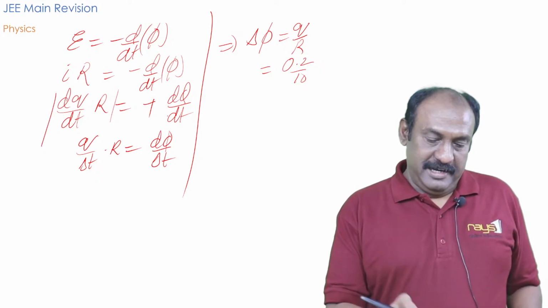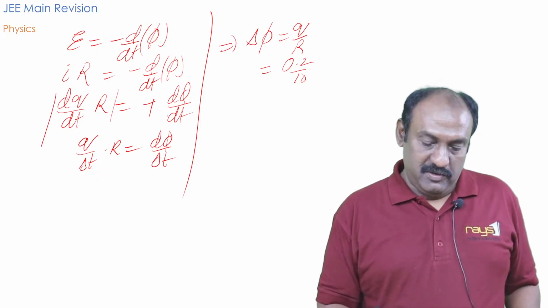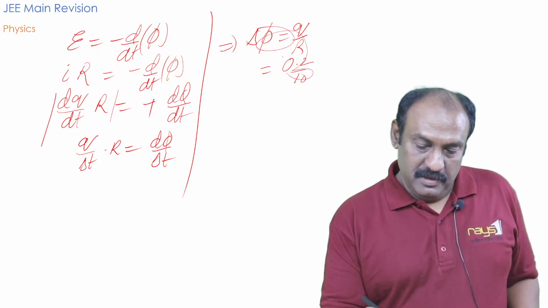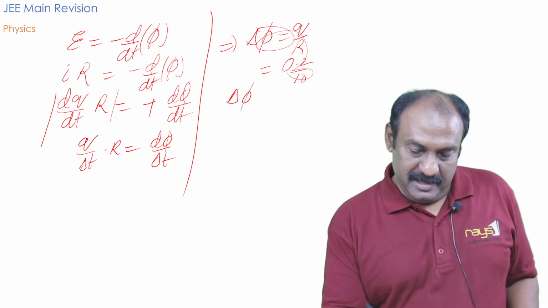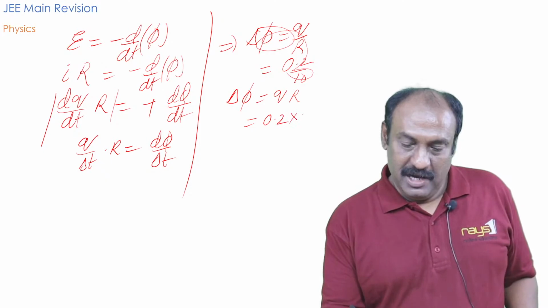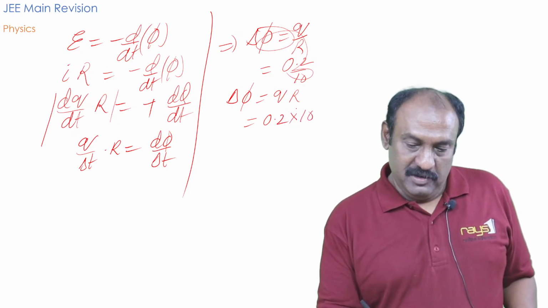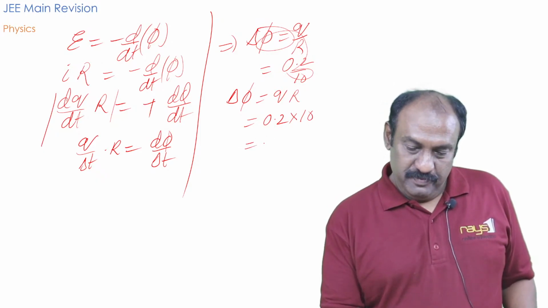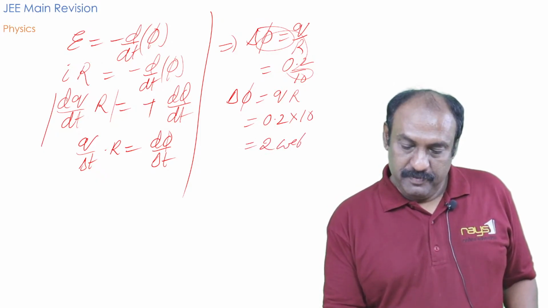So dt gets cancelled. So delta phi is equal to Q into R. Therefore Q value is 0.2 into R value is 10, that is equal to 2 Weber.